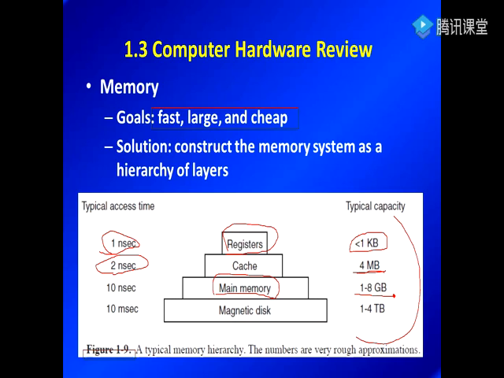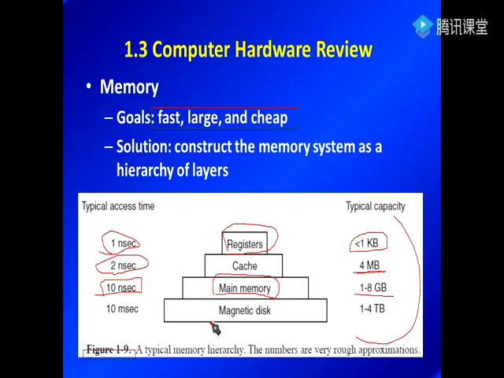So maybe it's a little outdated, but today I guess 8 gigabytes is enough for most computers, I think. And you can see the typical access time is 10 nanoseconds, so it's acceptable. I think it's acceptable for us to wait for the data access, right?